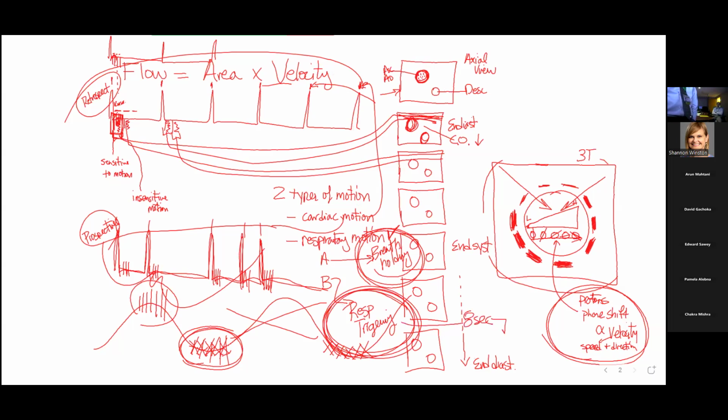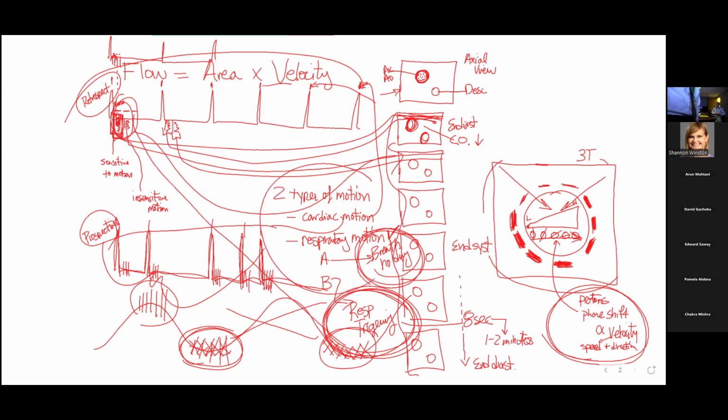Those scans are going to take maybe 1 to 2 minutes so that you can collect enough of these phase encodes to make your movies over here, okay? So one of the things we have to think about when we're doing these flow measurements is the respiratory motion and how we're going to address that, okay?